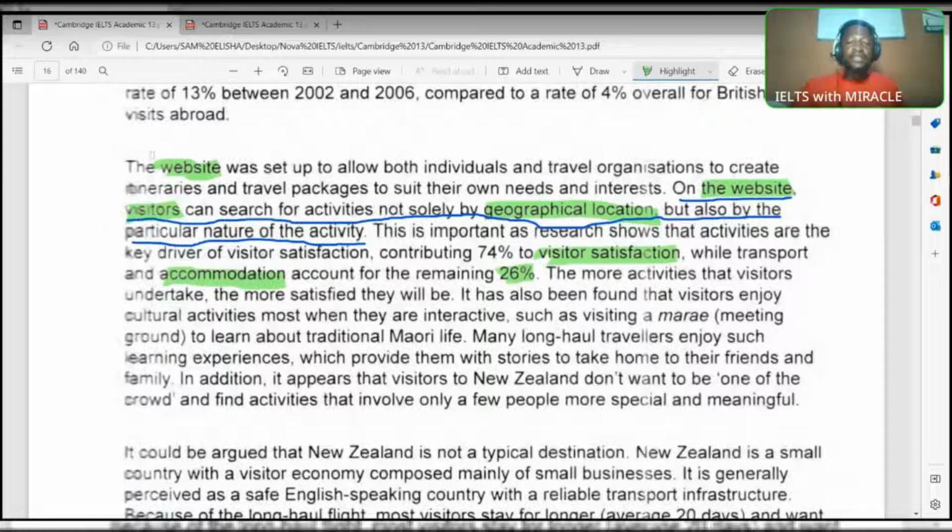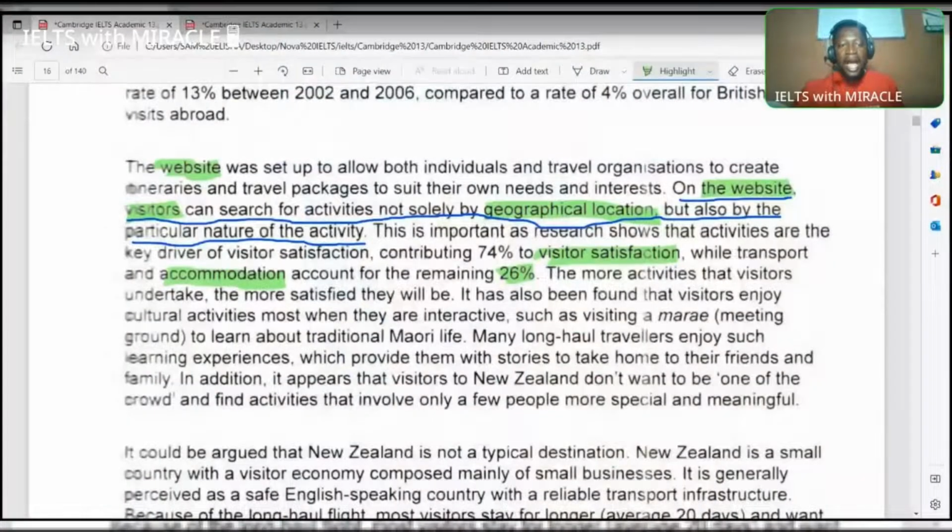This is important as research shows that activities are the key driver of visitor satisfaction, contributing 74% to visitor satisfaction, while transport and accommodation together, transport, then accommodation differently, account for the remaining 26%.